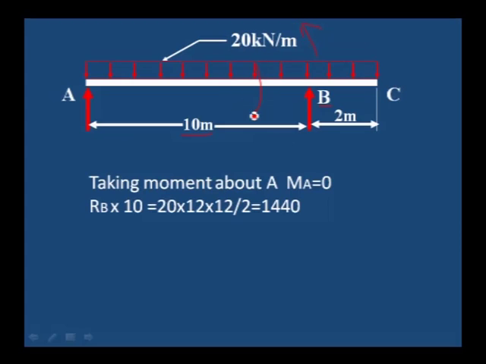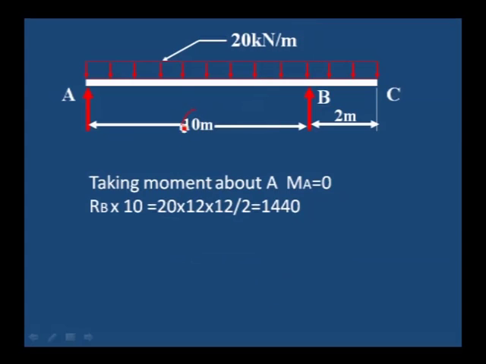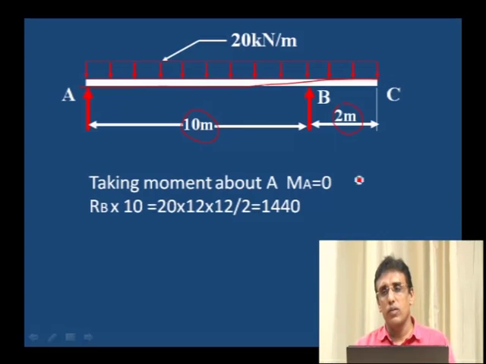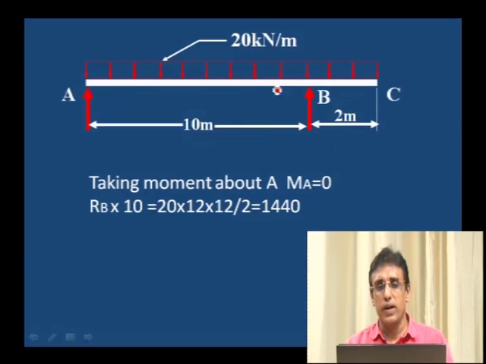is equal to the clockwise moment due to the load. That is 20 into 12, the total load, acting up to a distance of 12 meter. You should not take 10 meter. You have to add 10 plus 2, because this UDL is acting fully from A to the end. If it were acting only on the simply supported portion, I could take 10.